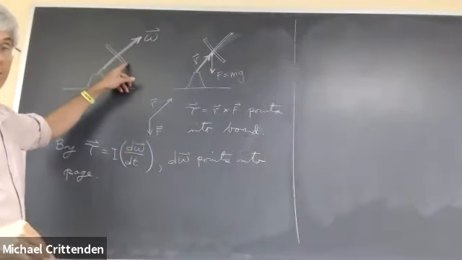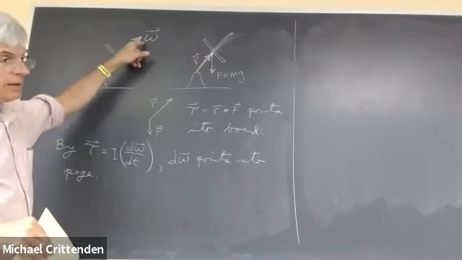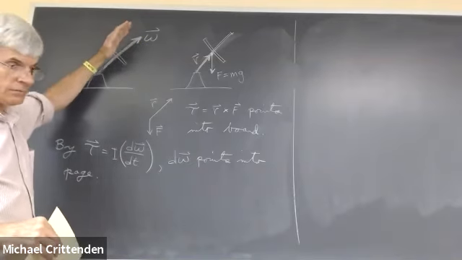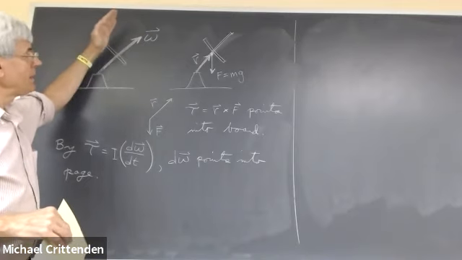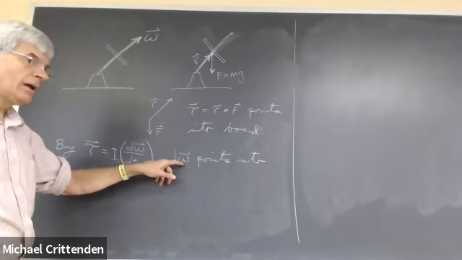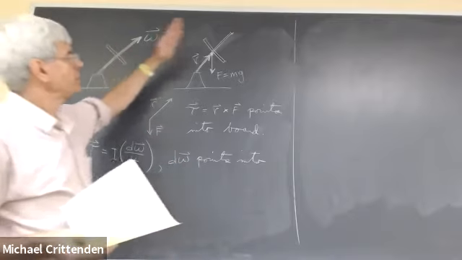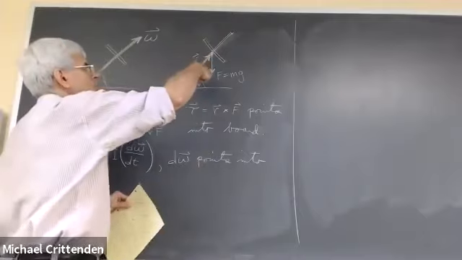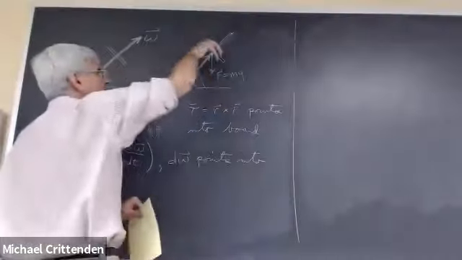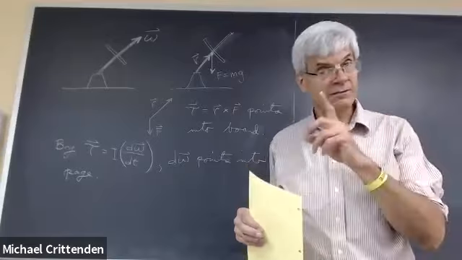So if this thing is not spinning, it doesn't have an omega vector. And when you let go of it, it will start to get one as it falls over. D omega would be omega final minus omega initial, and omega initial would be 0. So after a short time, omega final would point in that direction, saying that the gyroscope is rotating about that axis, which is to say, when I let go of it, it falls over if it's not spinning.